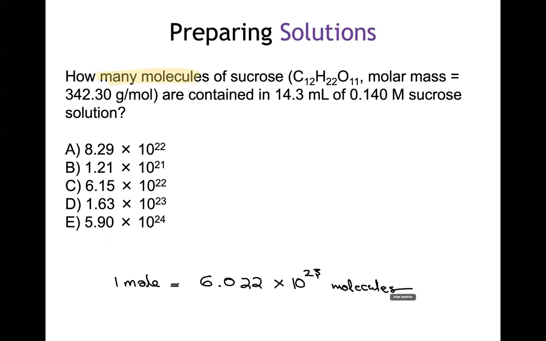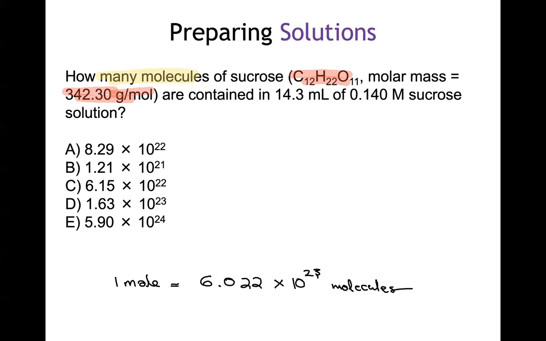Okay, so how many molecules of sucrose, and they gave us the molecular formula of sucrose as well as its molecular weight, are present in 14.3 milliliters of a 0.14 molar solution of sucrose?